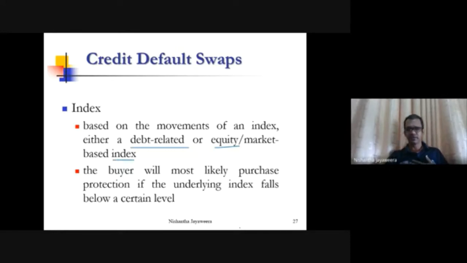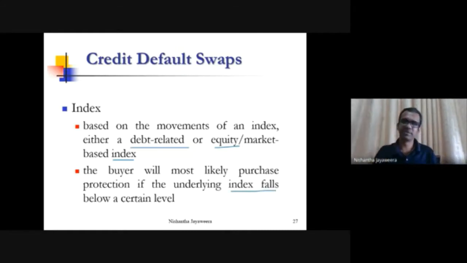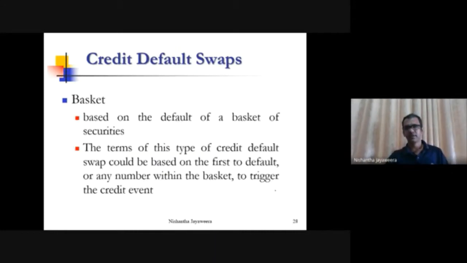So then what happens? If the index falls below a certain level, then the protection seller will make the compensation to the protection buyer. In the basket, again, it mostly refers to a single entity, but a collection of various assets.